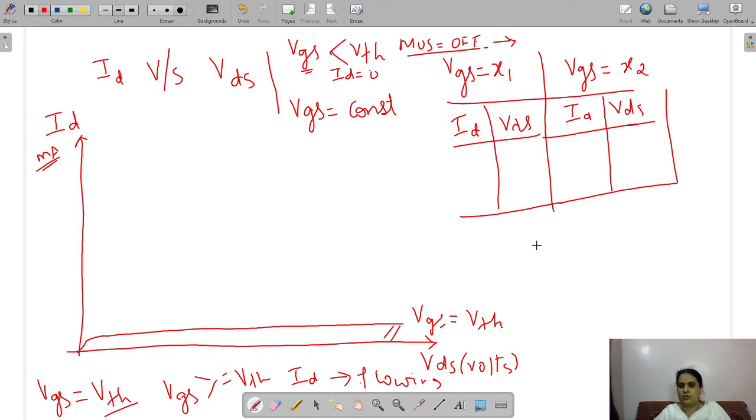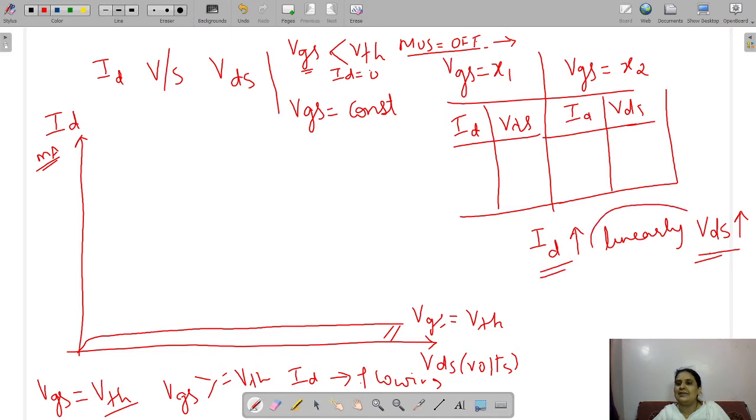Since there is a deposition of more electrons in the channel, the drain current increases linearly with increasing output voltage VDS. It means that as I vary the VDD, the VDS increases, and the increase in VDS will increase the ID.